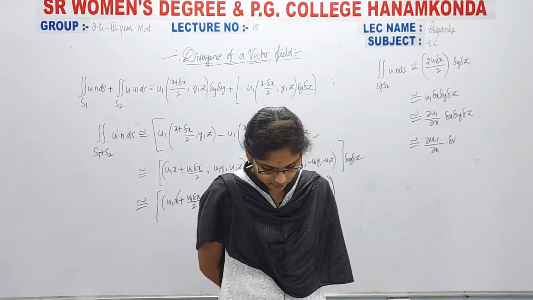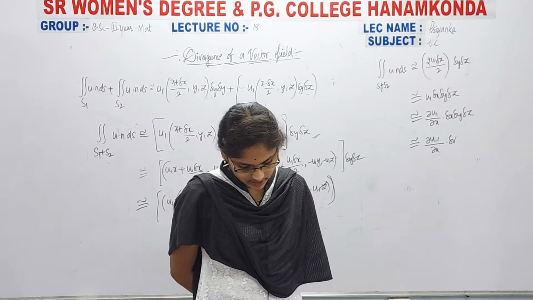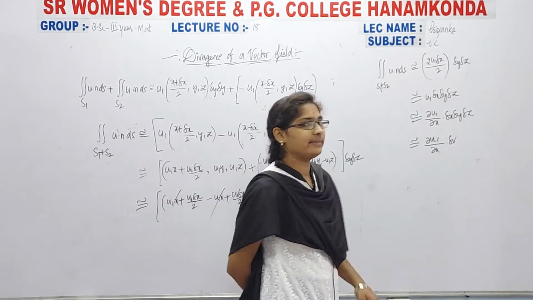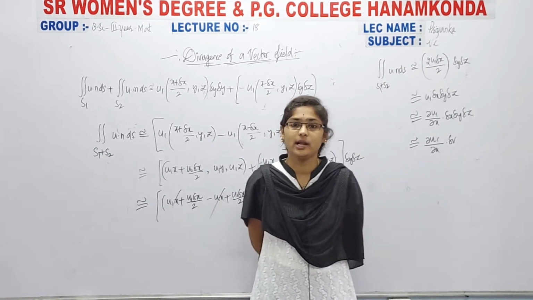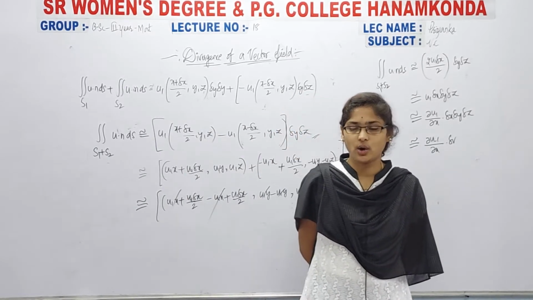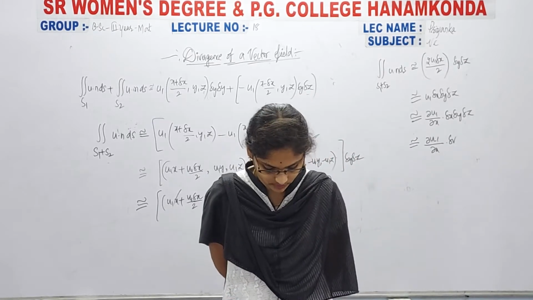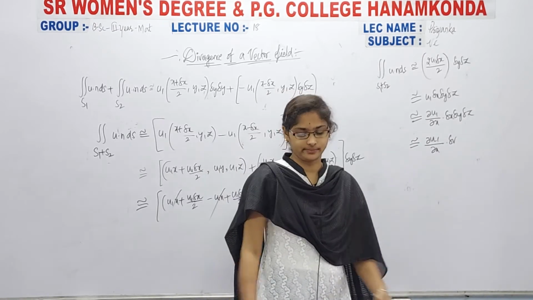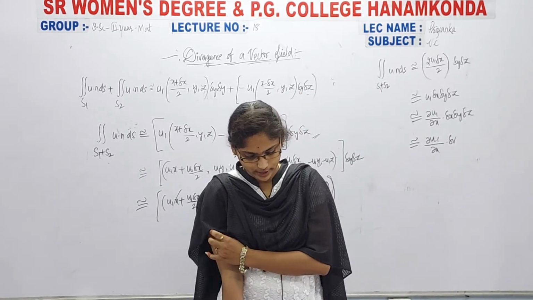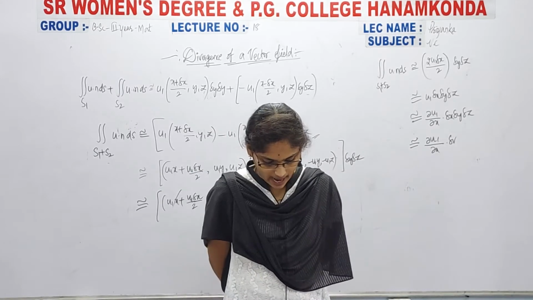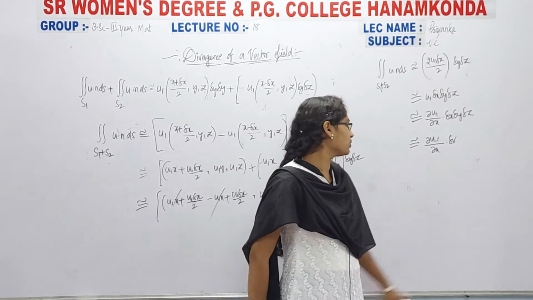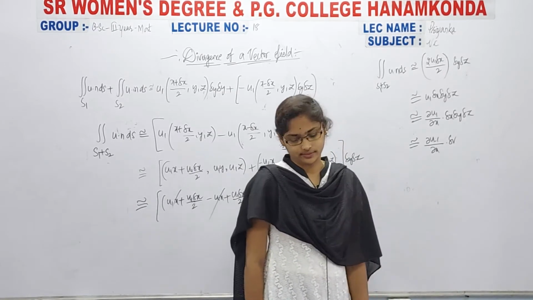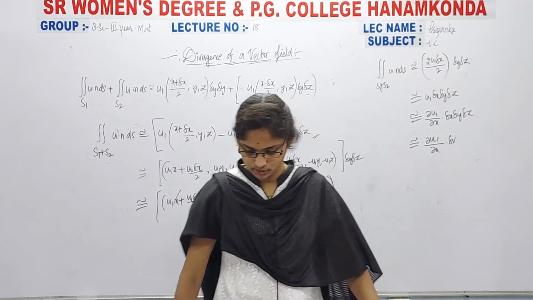So next, finally, similarly, the divergence of u along the y axis is ∂u2/∂y, and along the z axis it is ∂u3/∂z.